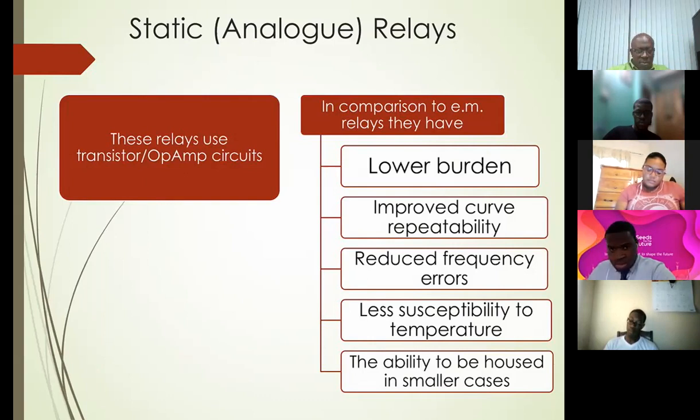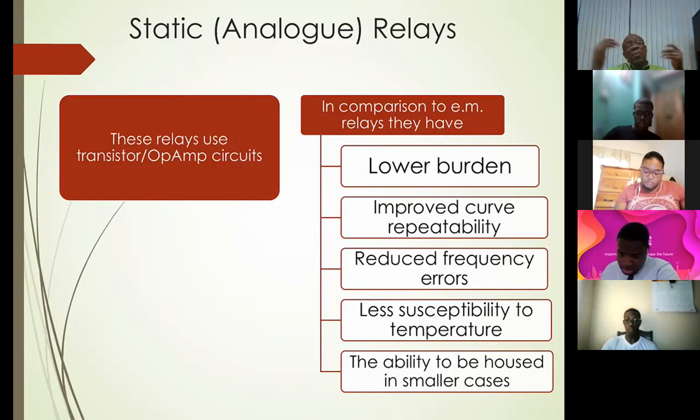Low burden, improved curve repeatability, obviously, because with your electromechanical, although you would have derived the particular characteristic empirically, it would have been under certain operating conditions, including temperature, pressure.